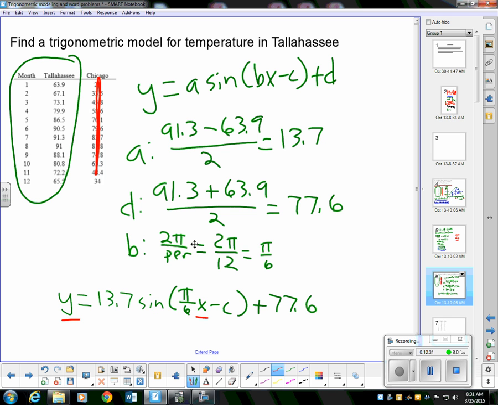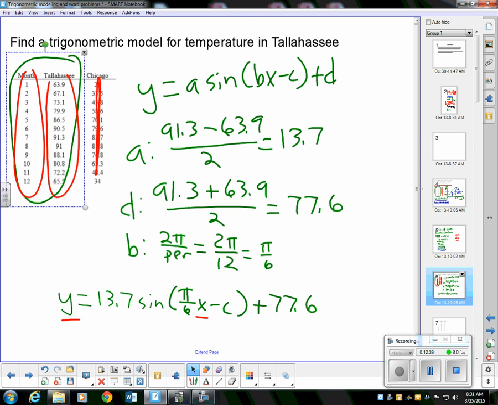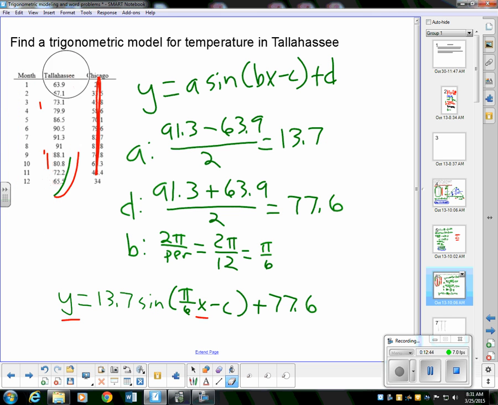You could put in any of these numbers and you will get a different number for c, but the end result for predictions will work out okay. However, as a matter of standard, we generally pick the lowest y value and its corresponding x.